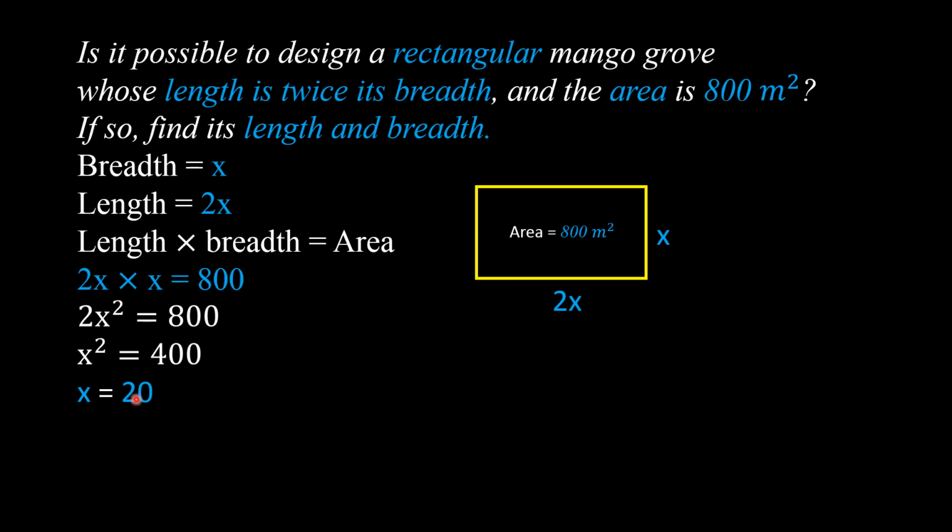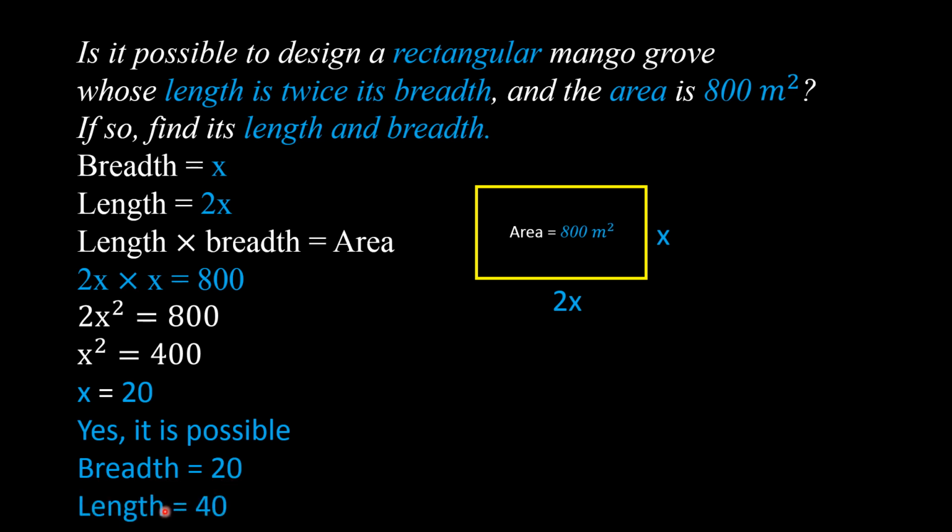So since we can find the length as a real number, we can say that it is possible to design such a rectangular mango grove whose breadth will be 20 units and length will be 40 units.